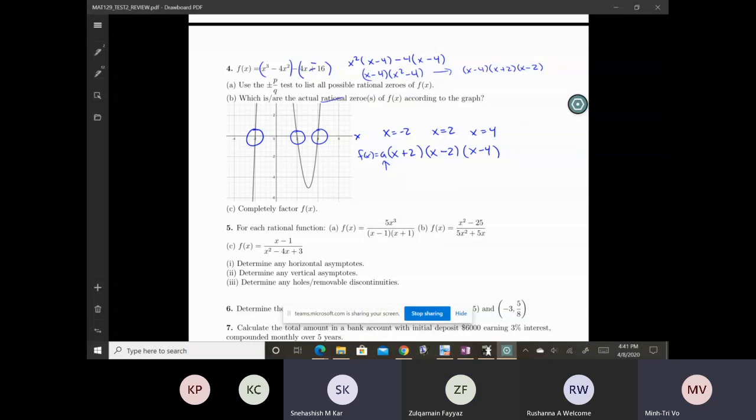Well, the coefficient would be A, which is 1. In this case, the degree of A is 1, so there's nothing to do, but in a slightly different problem, you might have to figure out what A is.